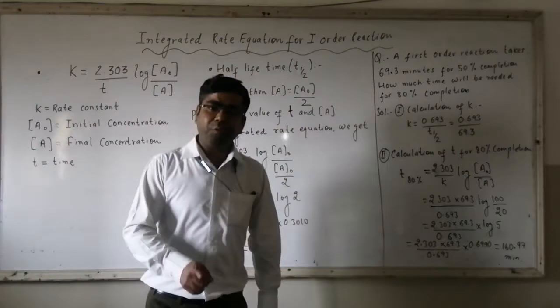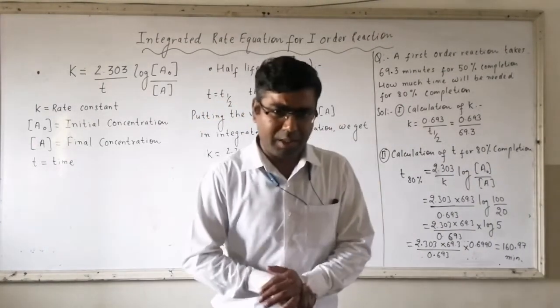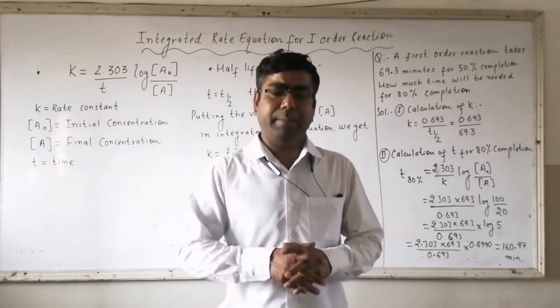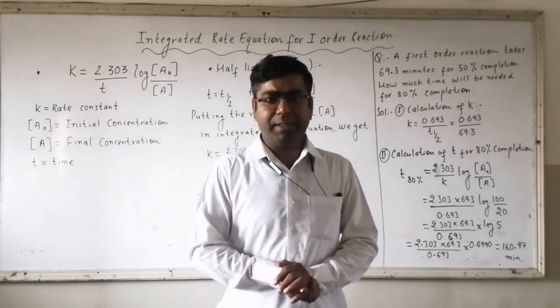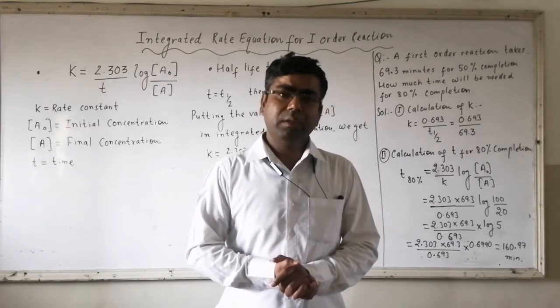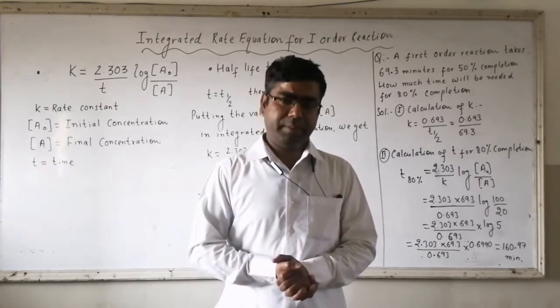Remember, the half-life period for first order reaction does not depend on initial concentration of the reactant. Or we can say it is independent of concentration of the reactant. We cannot change the t half for first order reaction if the temperature remains constant.